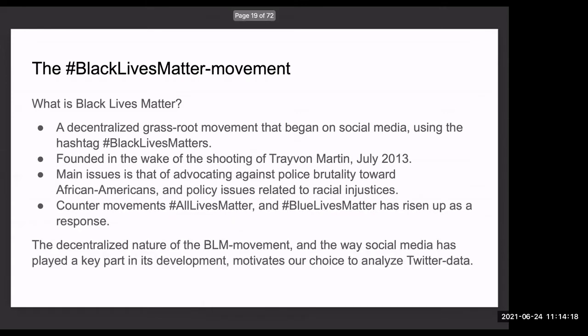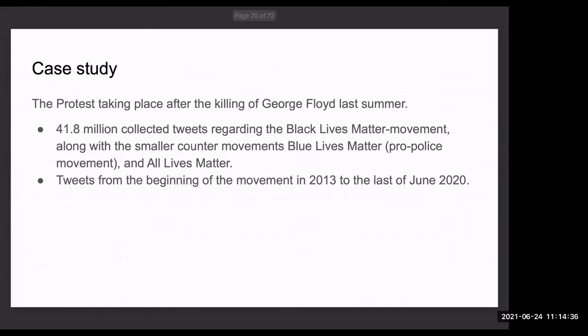But like I said earlier, the nature of this movement, that it's very connected to social media, is the motivation for why we chose this data set. So we had a data set of 41.8 million collected tweets from the whole time span of the movement, starting from 2013 to the end of June last year.